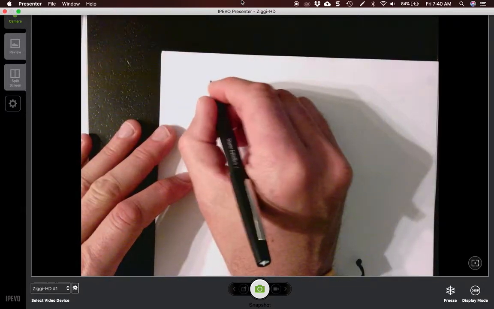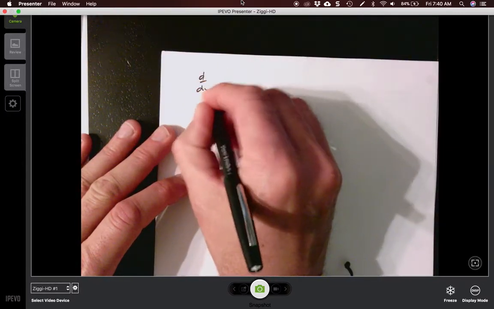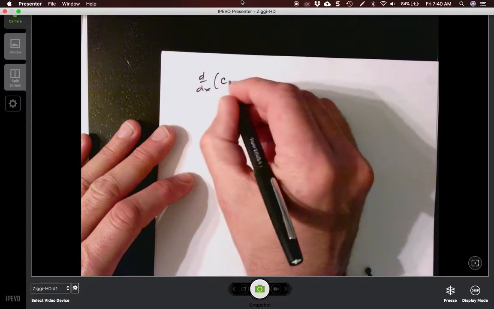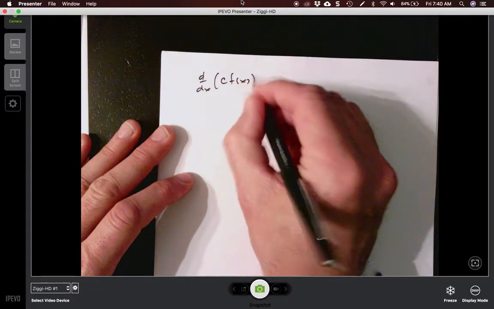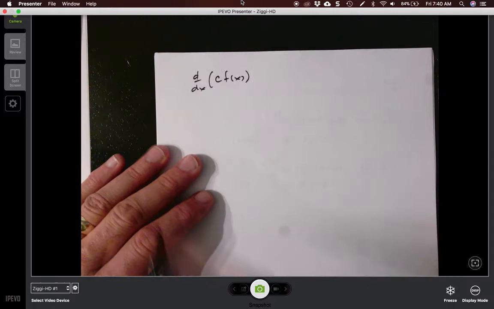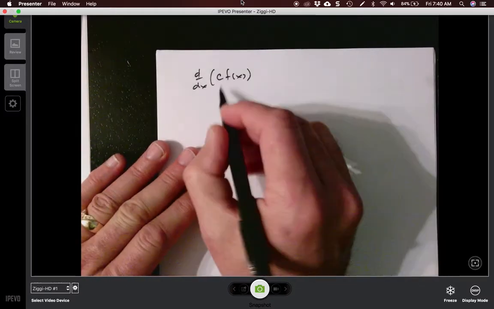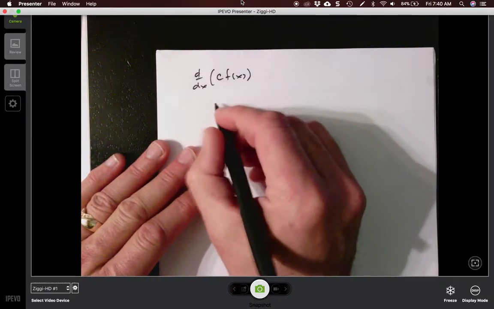So let's say that you've got the derivative with respect to x, and you have a constant times a function. I think this is fairly intuitive what you're going to do, but I want to look at this in terms of the definition of the derivative.